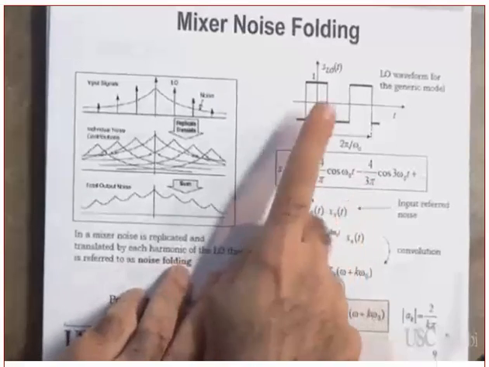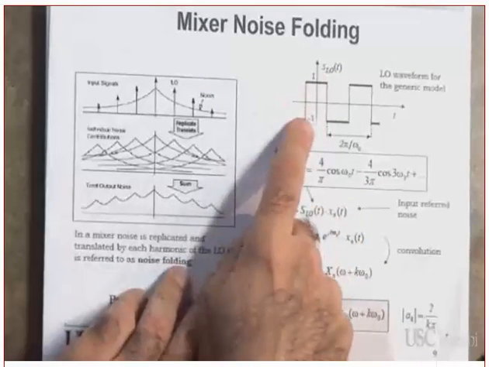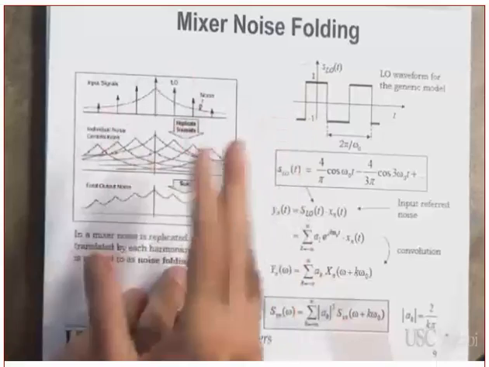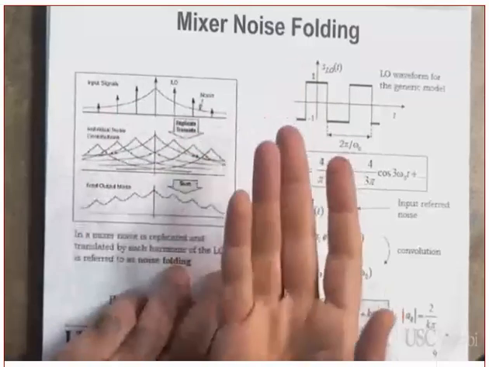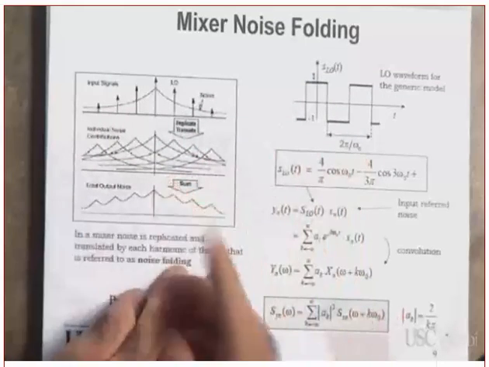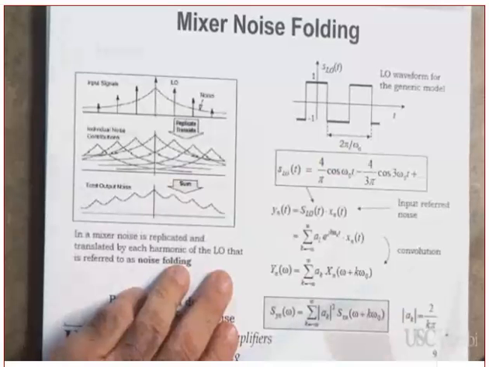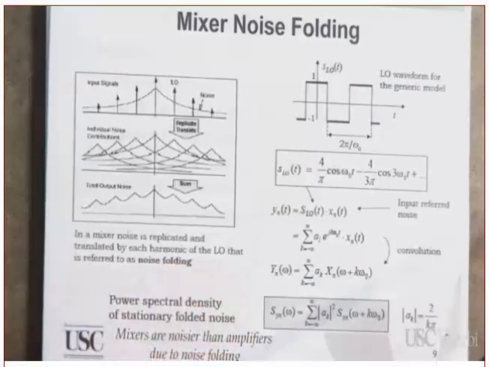Listen to me. What are the harmonics of this? The fundamental is omega LO. Agree? What is the second harmonic? 2 omega LO. If I have a noise which is flat in the band of 2 omega LO plus or minus IF, yes?